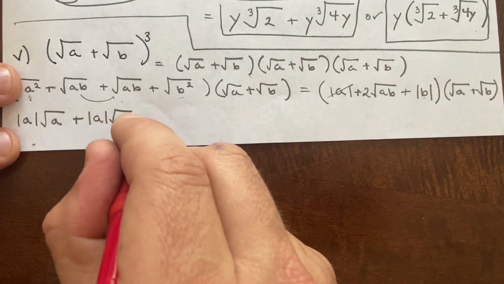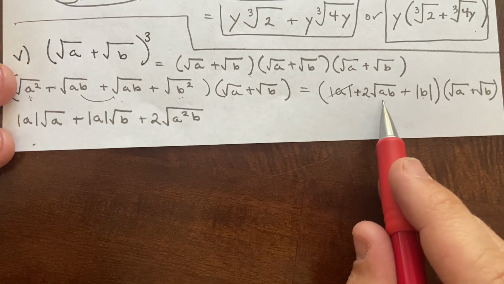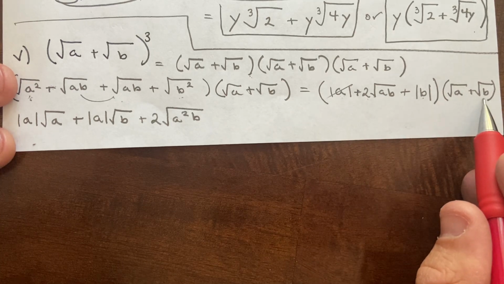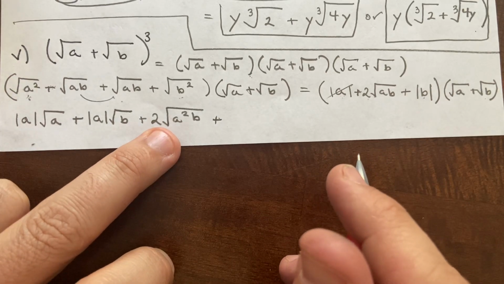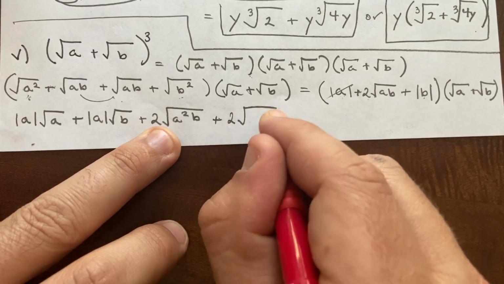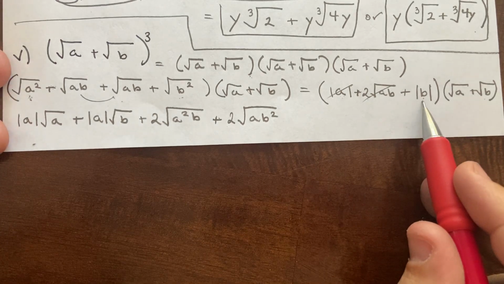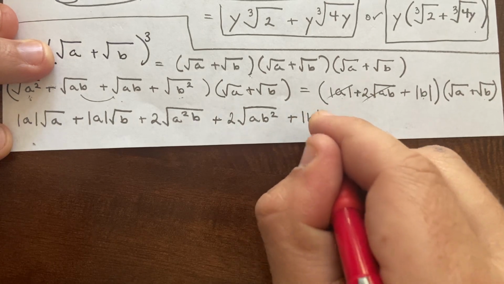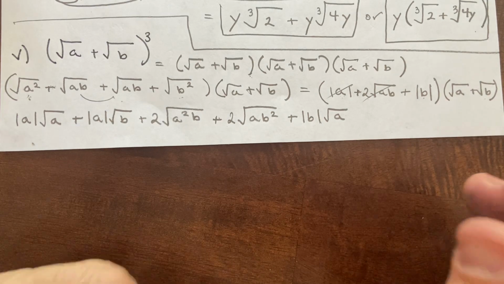This will be plus 2 root a squared b. Right, product rule is happening there. And then this one times root b, I'll have plus 2 root a b squared. So this one is done. And then absolute value b times root a. That's all I have. And then absolute value of b times root b.